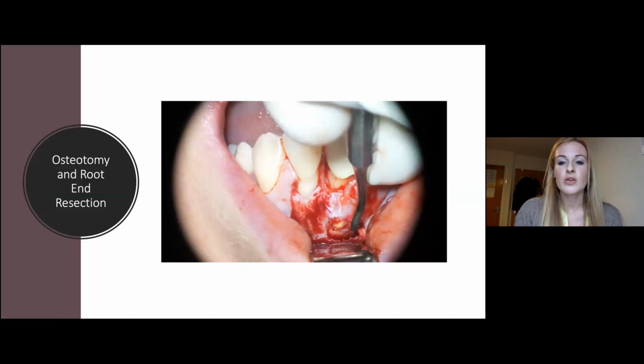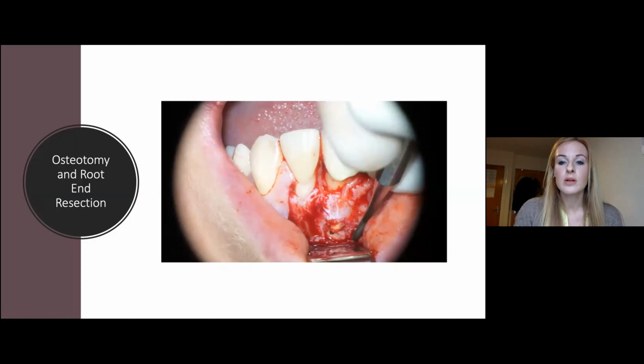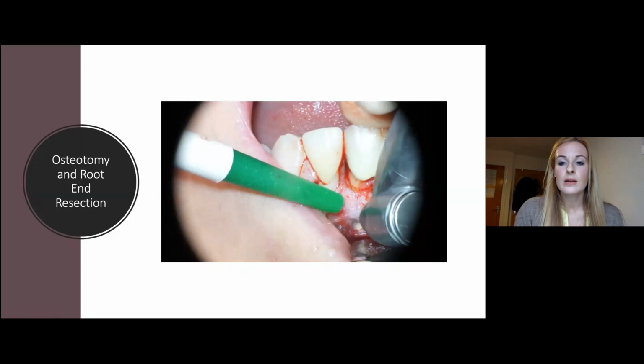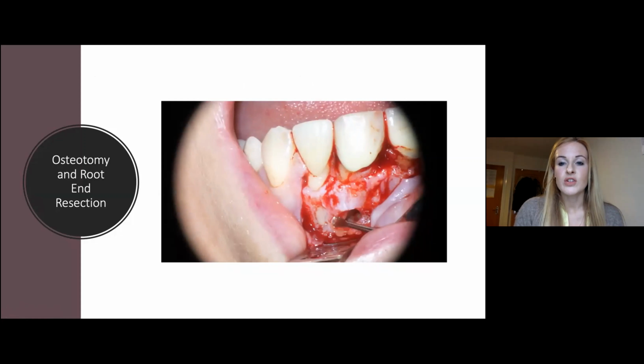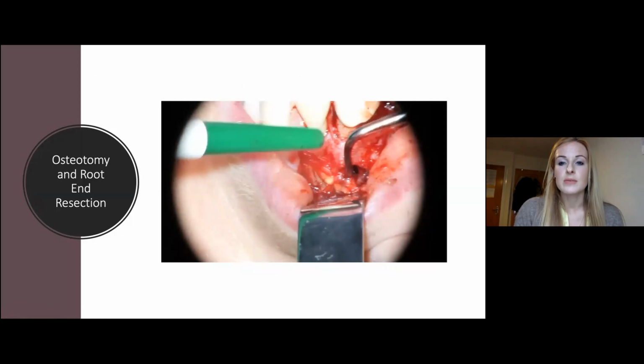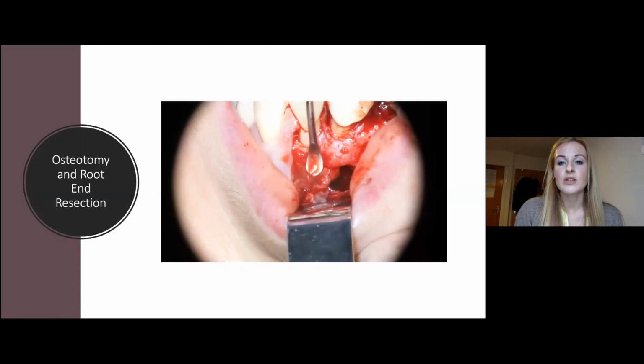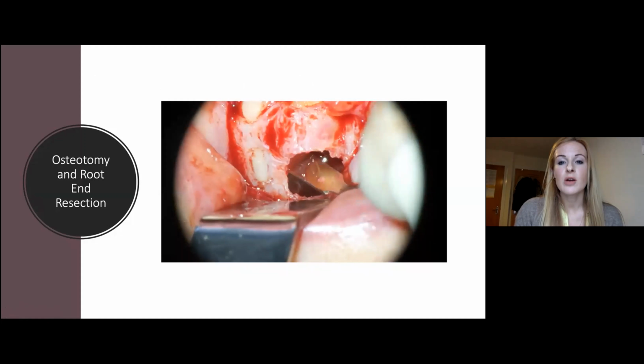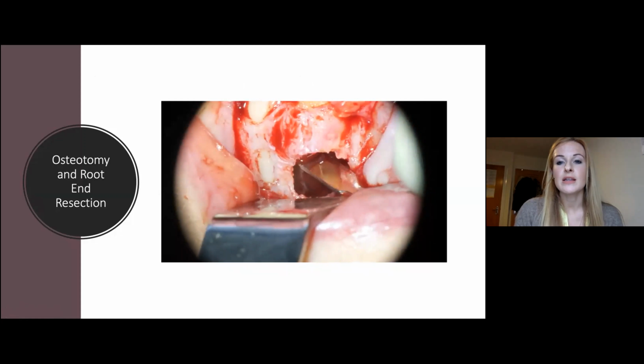So you can see the osteotomy is kept really small, and visualizing the resection of the 3 millimeters of root end and the associated granuloma tissue. That's a microsurgical mirror, so you can see clearly the GP.